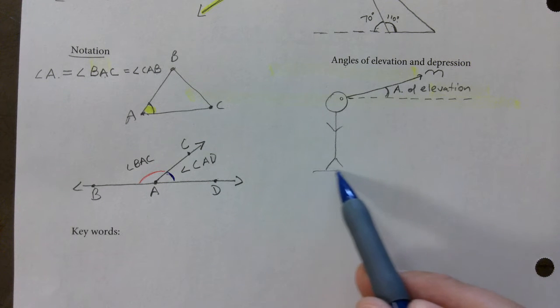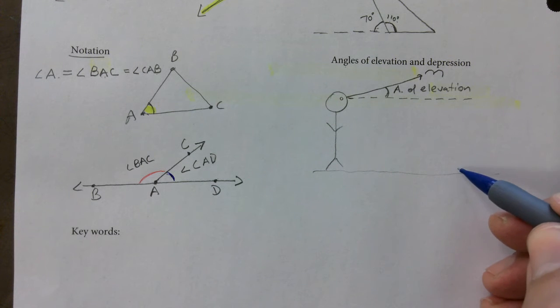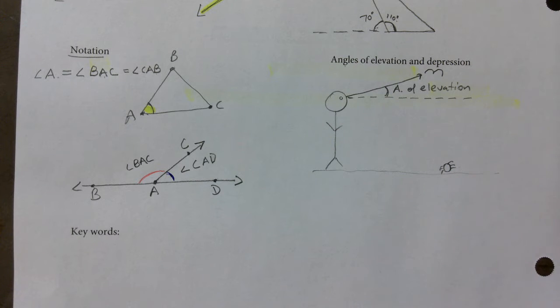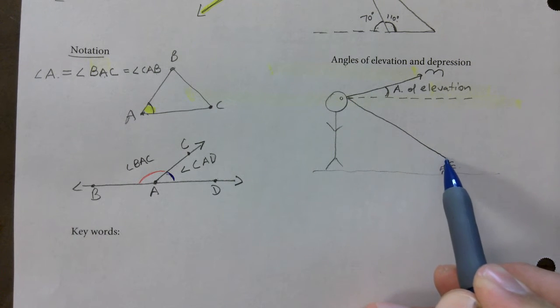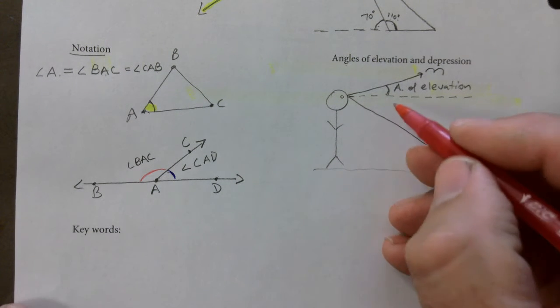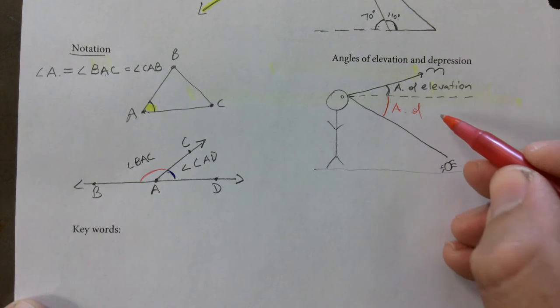And so if you were to look down, so if this is the ground here, and there's a critter, a bug here, and you're looking down to something, that angle there is called the angle of depression. Do you remember that from grade 11? Vaguely.